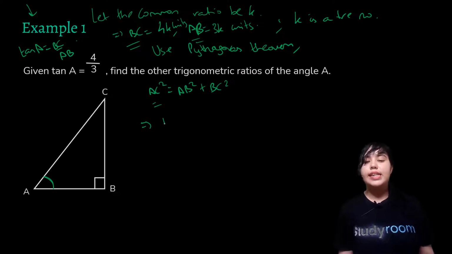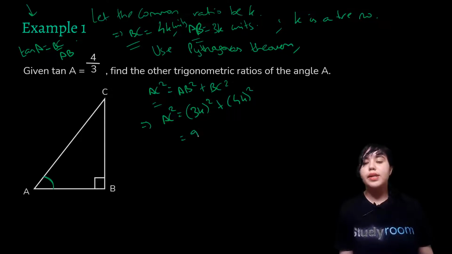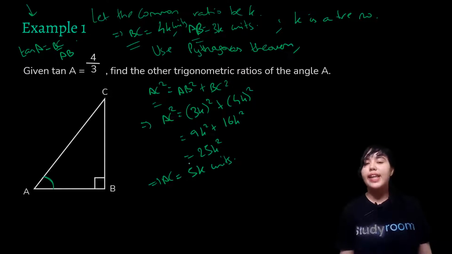So, AC square is equal to 3K whole square plus 4K whole square. This becomes 9K square plus 16K square. If you add them, you will get 25K square. If you take square root on both sides, you get AC as 5K units. Obviously, I won't take the negative root because the distance can never be negative.